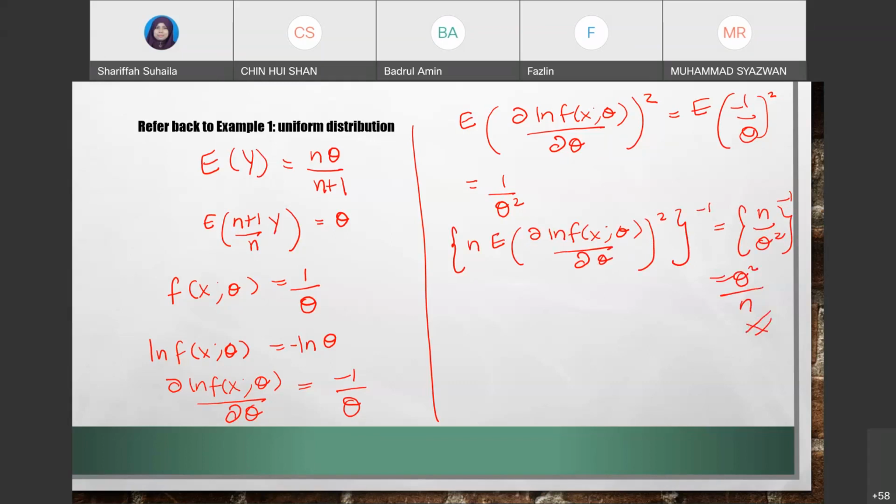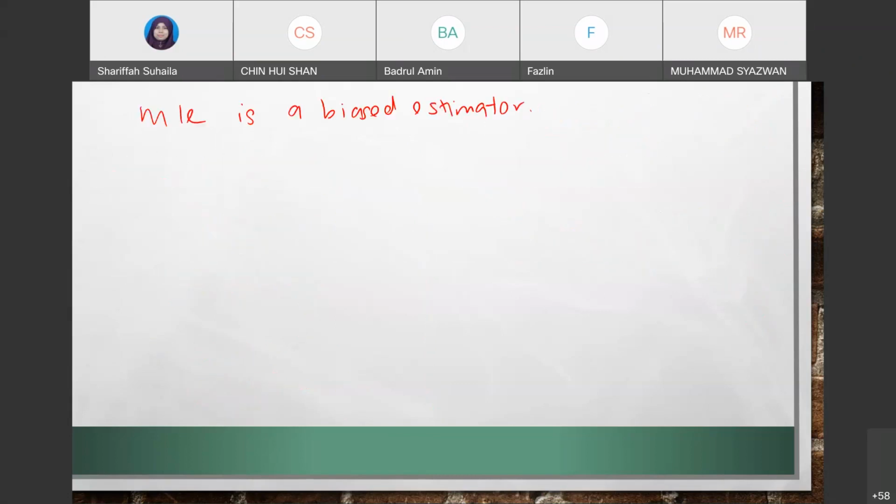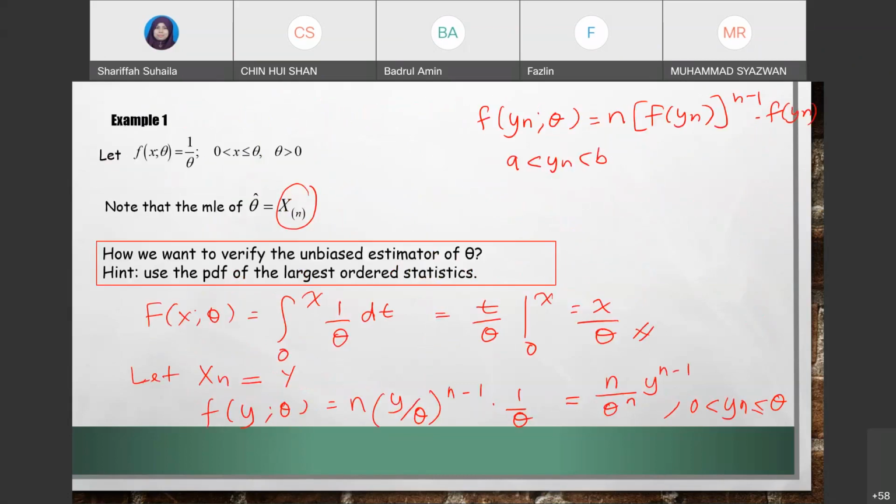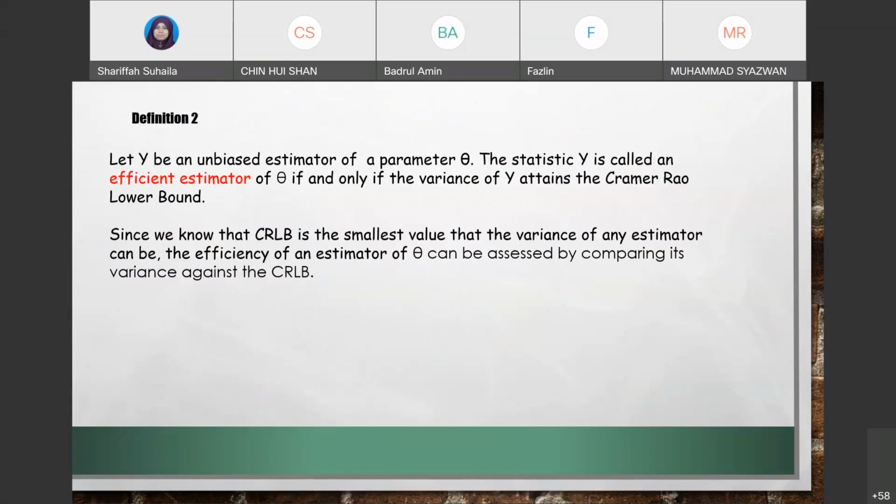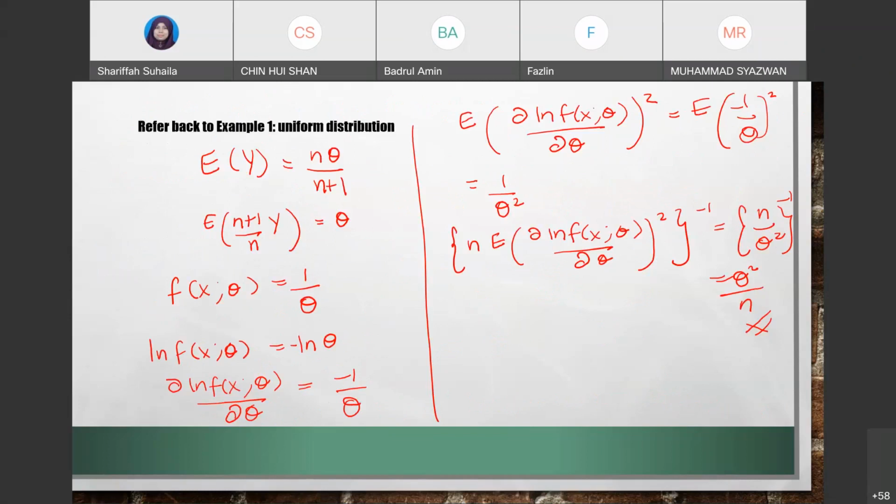Ini daripada Cramer-Rao lower bound untuk uniform distribution. Kamu ada f(x; theta), asal here f(x; theta) is 1 over theta. Kita tunjukkan untuk dapatkan Cramer-Rao lower bound.